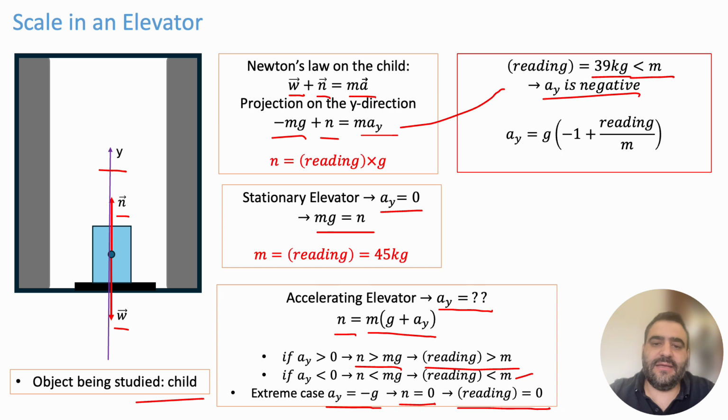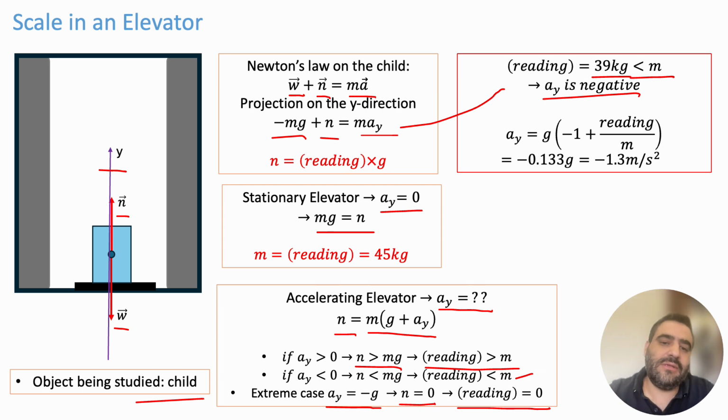So we divide the current reading of the scale by the mass of the child. When we replace these numbers, we get a negative number, obviously. It's minus 0.133 g. And in meters per second squared, it's minus 1.3 meters per second squared. So the elevator is accelerating downward.